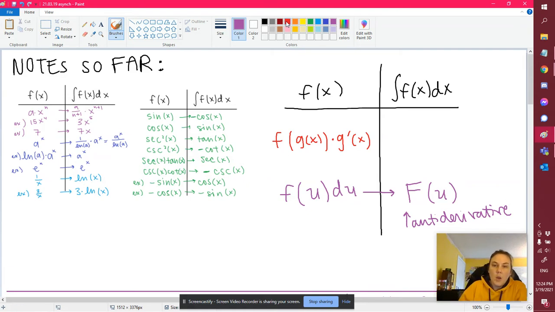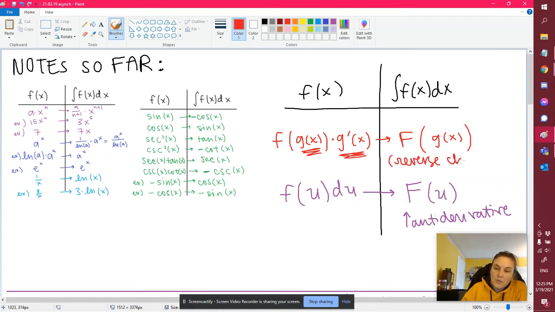Whenever we have a function with an inside function where we have the derivative of the inside, we then get to do the antiderivative with that inside function as a reverse chain rule, right? Reverse chain rule.